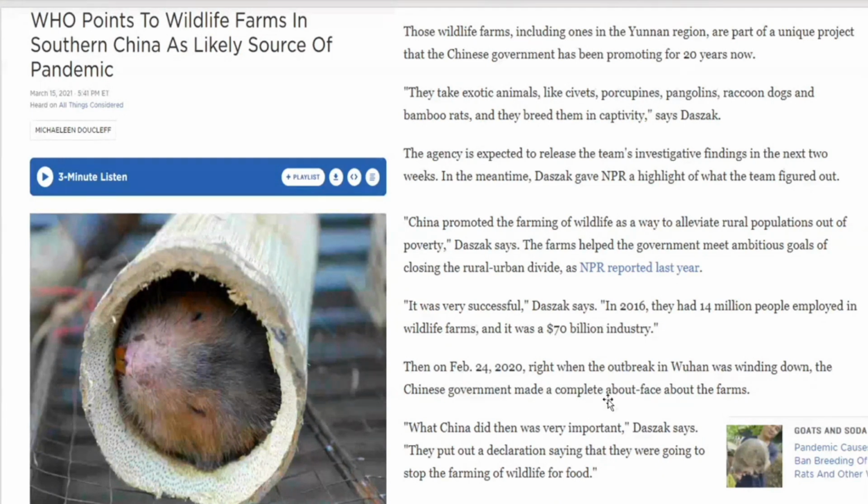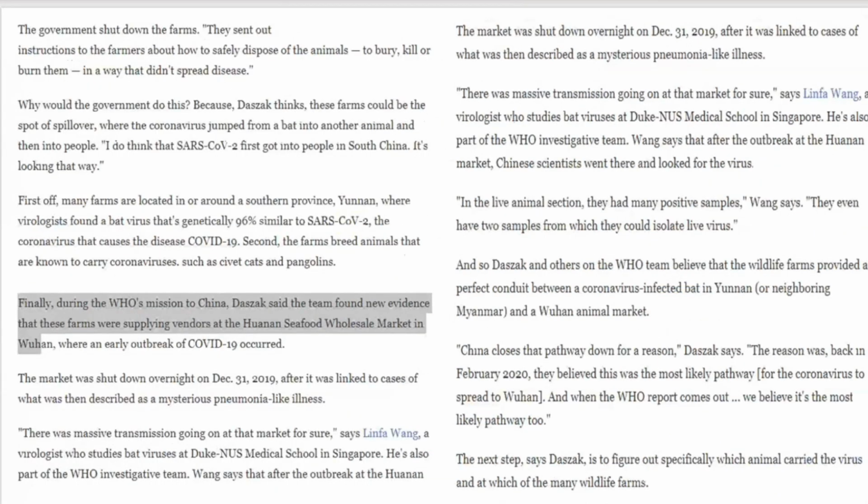And that this could have been the beginning, right? These farms were supplying vendors at the Huanan seafood market in Wuhan, where this early outbreak of COVID-19 occurred, right? That's where we started seeing it. There was definitely evidence of massive transmission going on at the markets. And now we have evidence of where this came from.